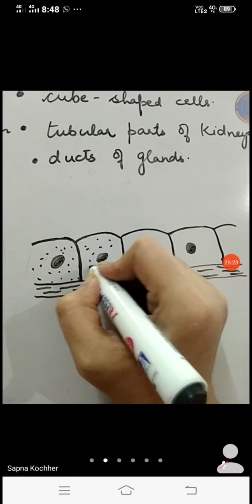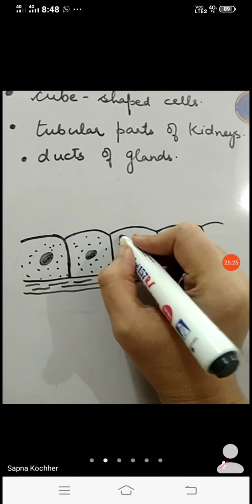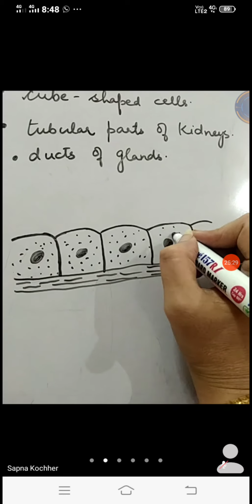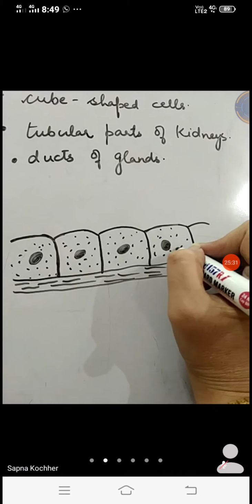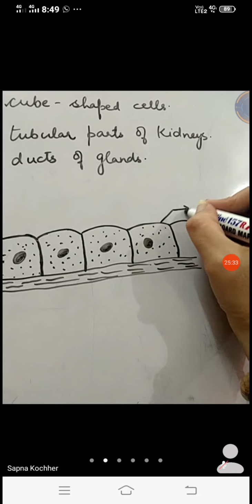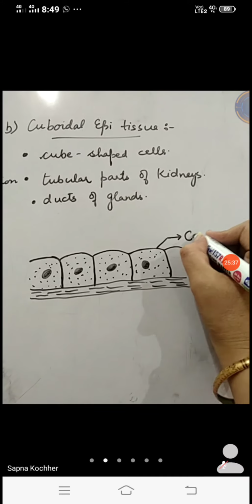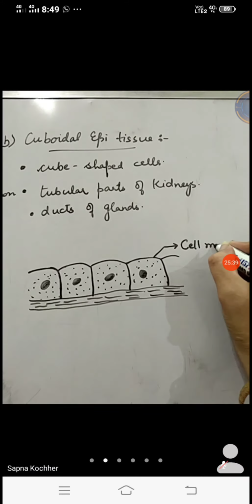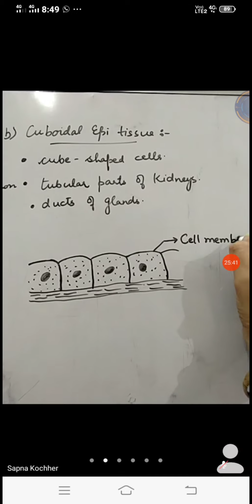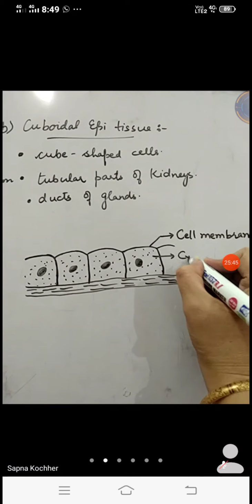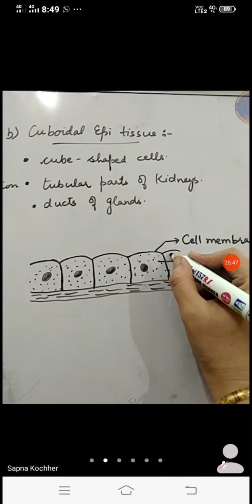So to label these structures, you can also write the structure labeling for the tissues. This is the membrane, that is the cell membrane or the plasma membrane. As we know, for the animal cells or tissues, there is no wall present outside it. Cell membrane is there only as a covering. Then there is the cytoplasm. This is also cell.